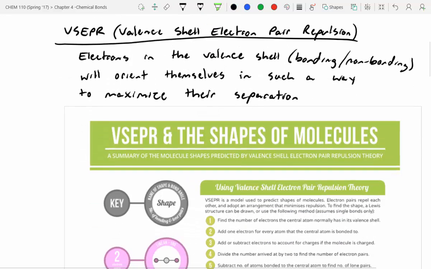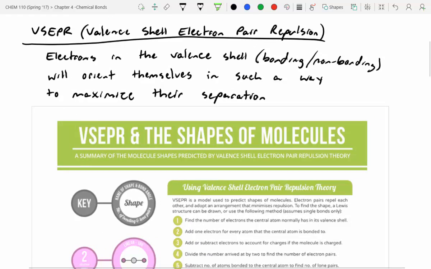Which makes sense, right? Electrons have a negative charge. Two negative charges don't want to be close to one another. They'd prefer to be as far apart from one another as possible.